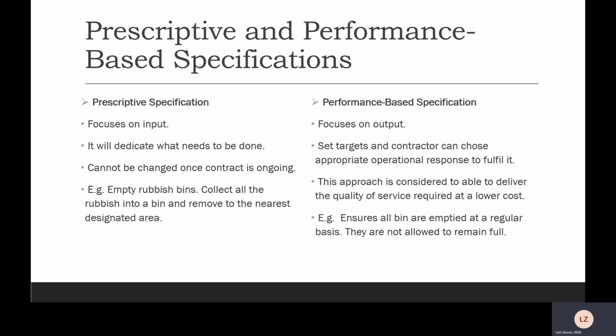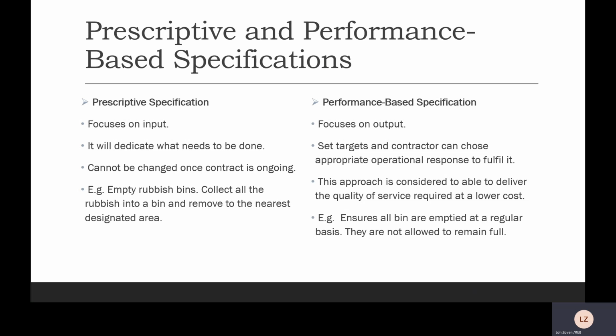You can choose what ways you want to use to handle this performance. So you need not use the most expensive one. You can use the cheaper one, which also provides the same output, the same performance from what you want.